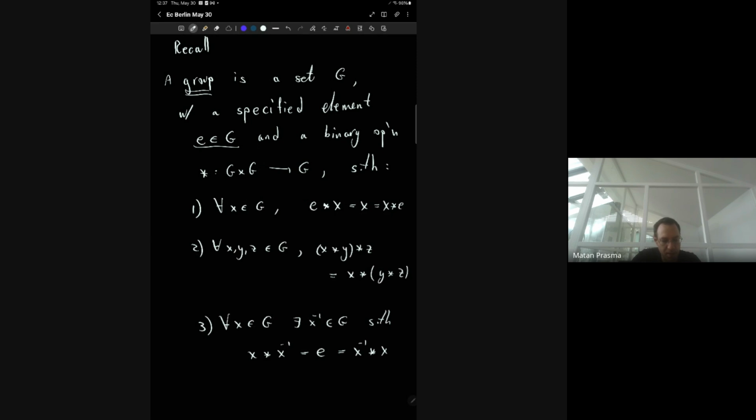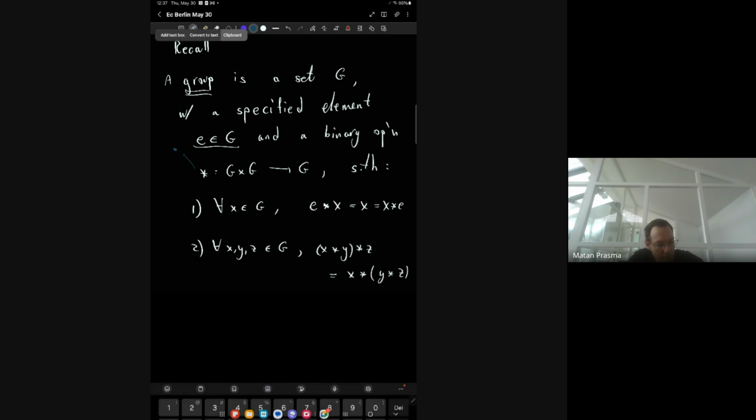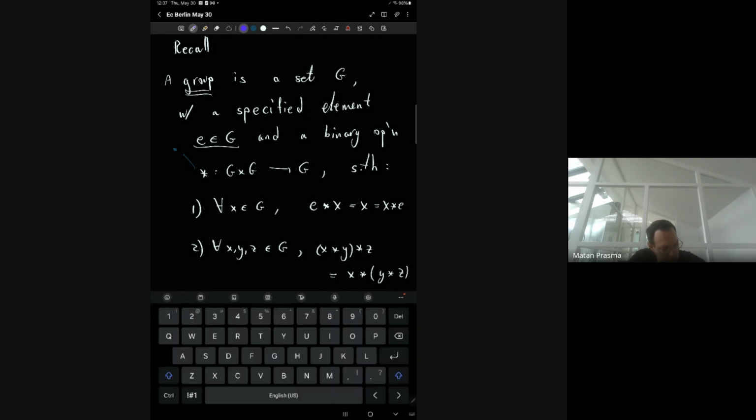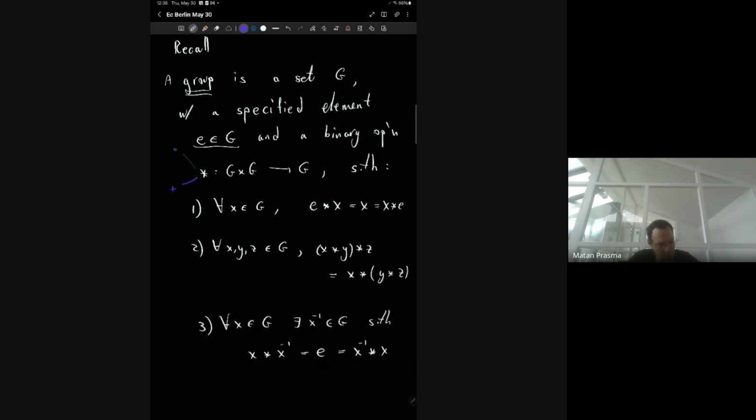as a notation convention, we usually replace star either by dot when we talk about structures with multiplication, or we can denote star by plus when we talk about structures that have a natural addition in them.